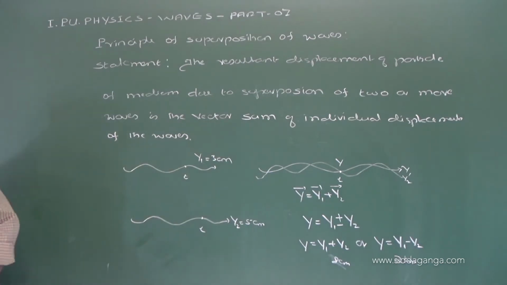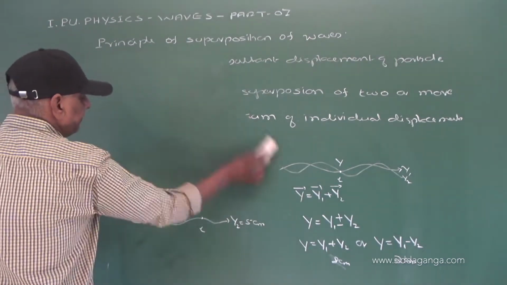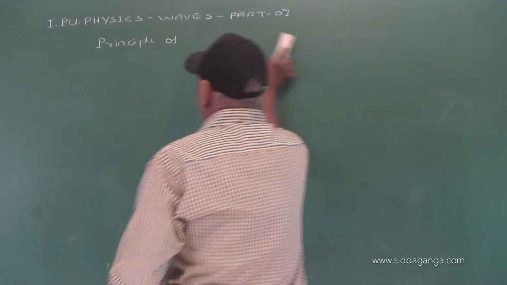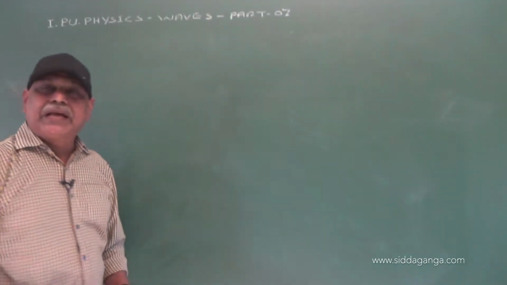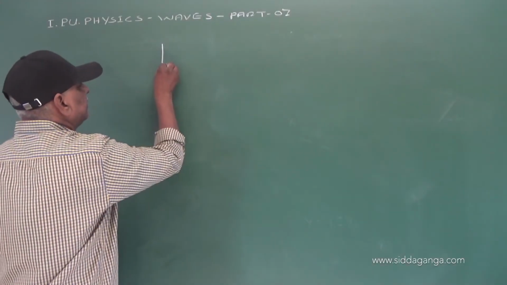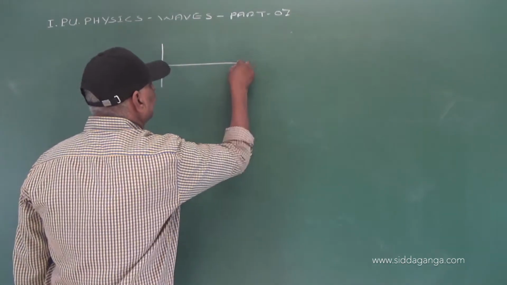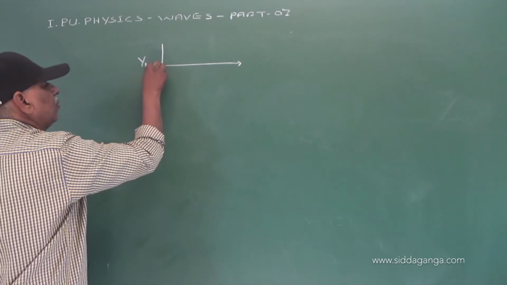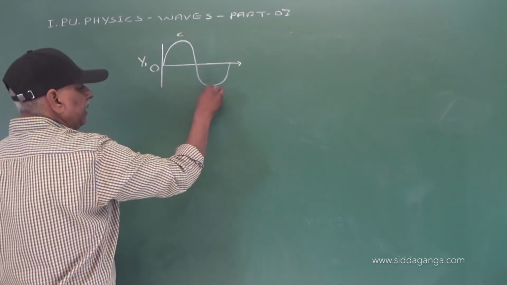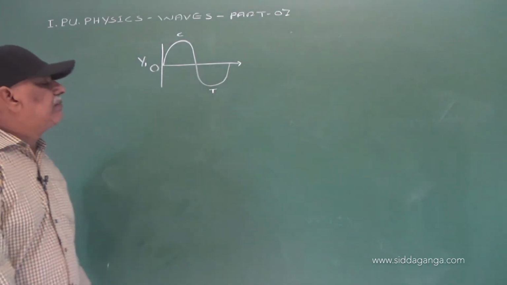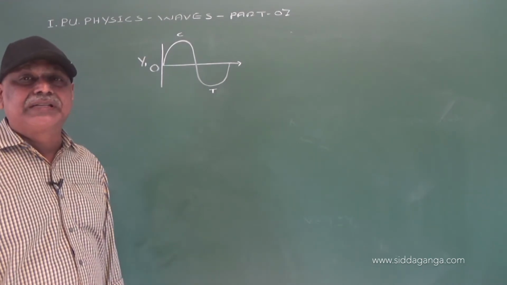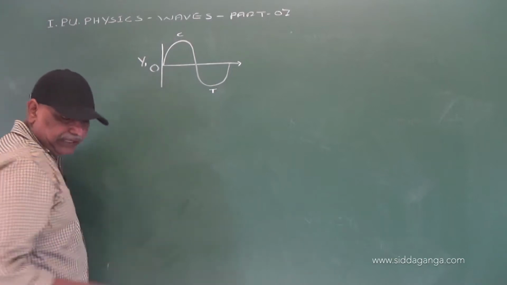Now here, when we consider wave y1 with origin O, I have taken the transverse wave, it consists of crest and trough, and if I take longitudinal wave, it consists of alternate compressions and rarefaction.